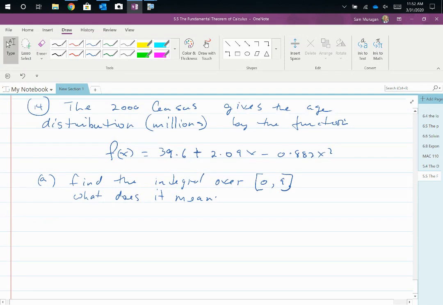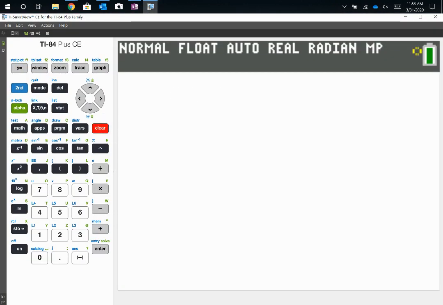So considering what's happening here, we're integrating between 9 and 0 of 39.6 plus 2.09x minus 0.882x squared dx. And for this, I'm not going to integrate it manually. I'm going to put it directly into the calculator.